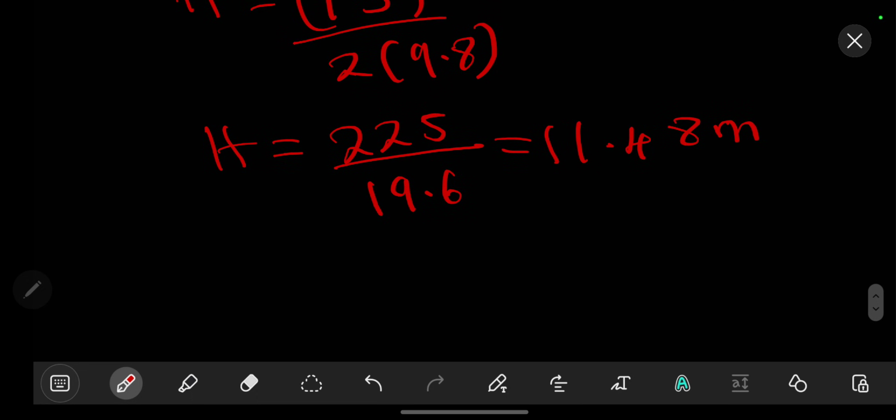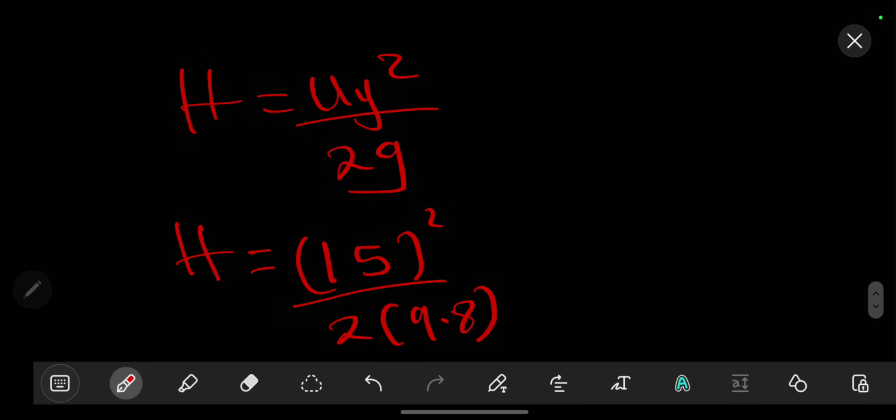So 225 divided by 19.6 gives you 11.48 meters. That is how you go about that one. For finding the maximum height, this formula has no limitation. You can use it for any situation, and you can still use it to find the maximum height.